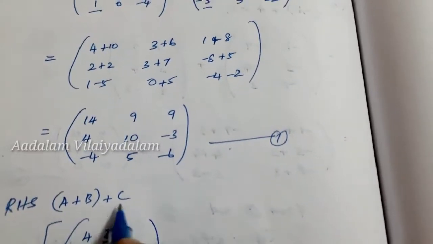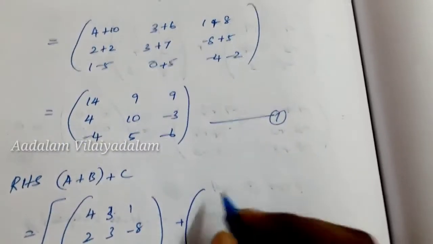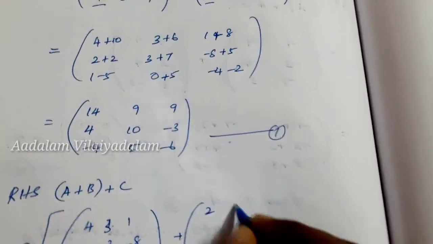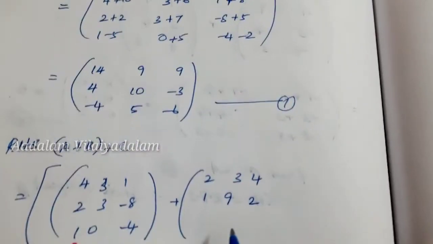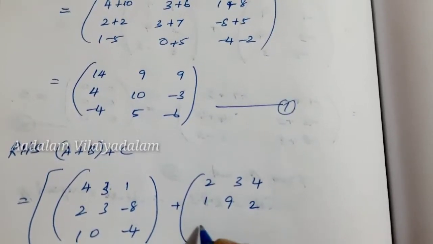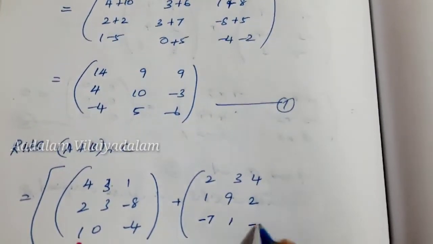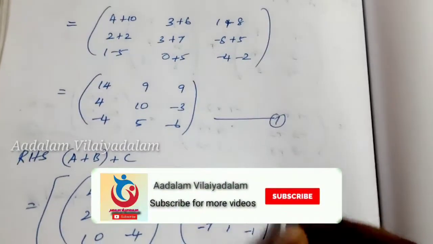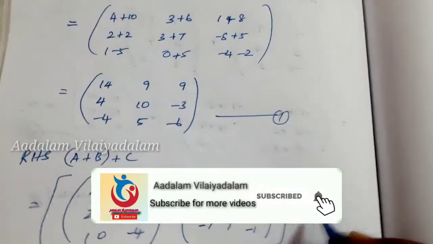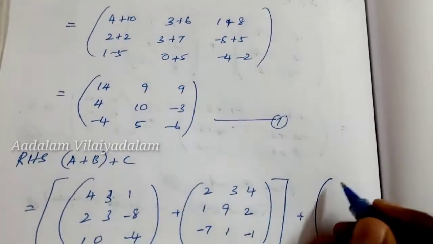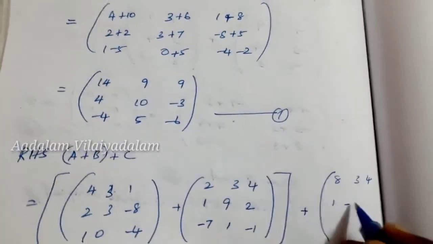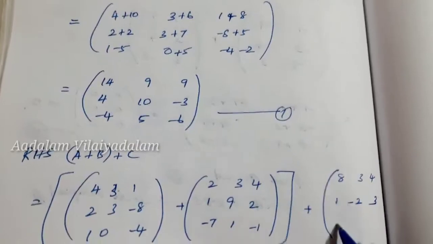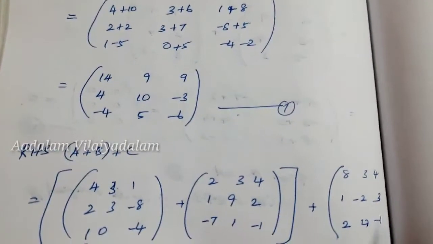And plus the B matrix, which is 2, 3, 4, 1, 9, 2 and minus 7, 1, minus 1. Then we have to add plus C, that is 8, 3, 4, 1, minus 2, 3, 2, 4, minus 1.